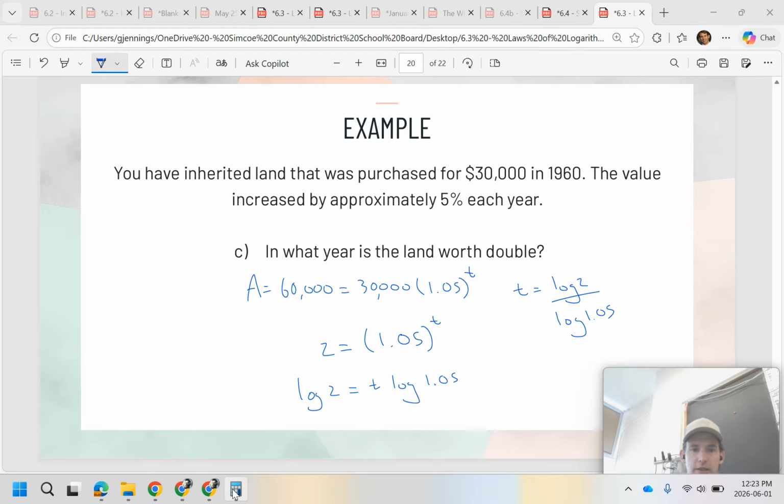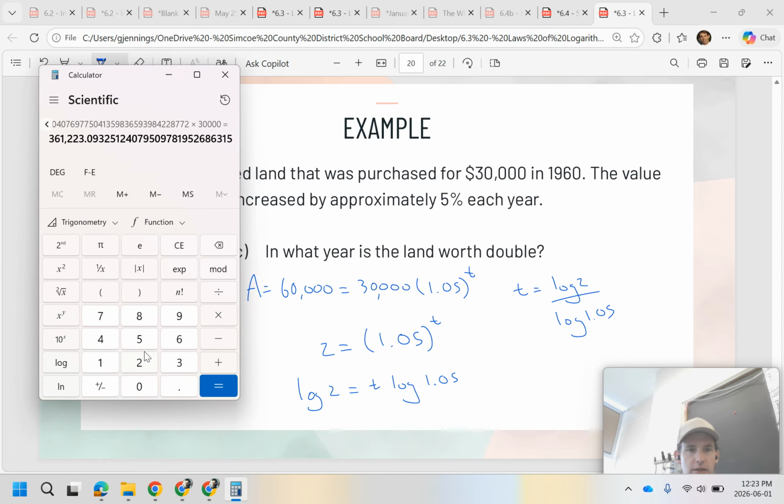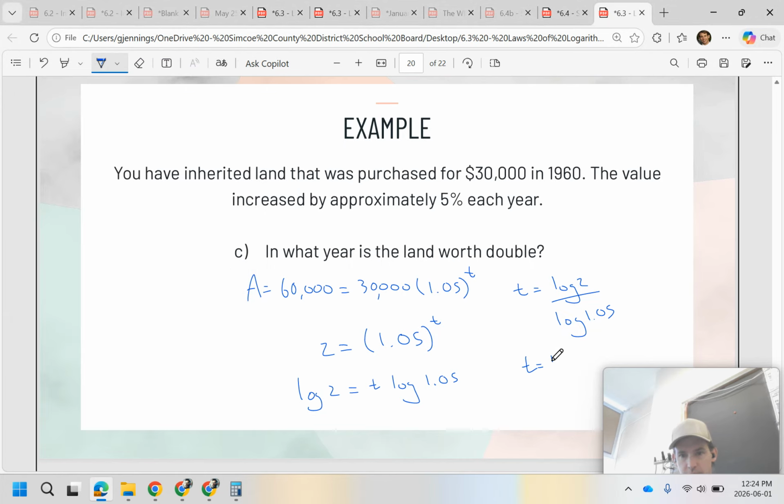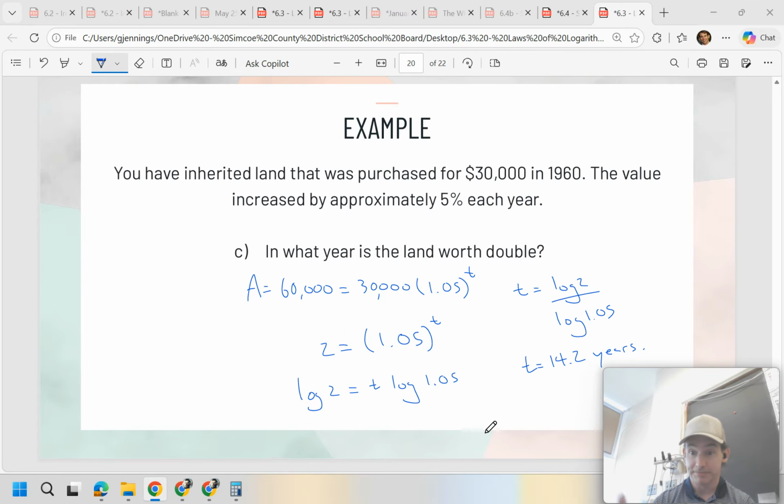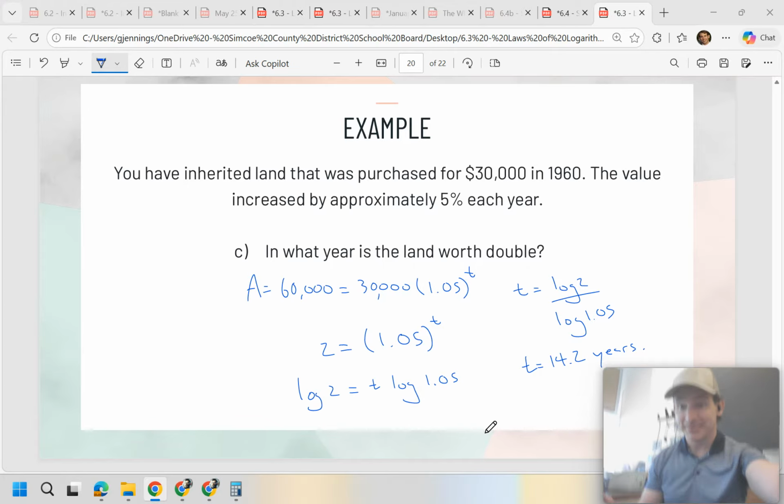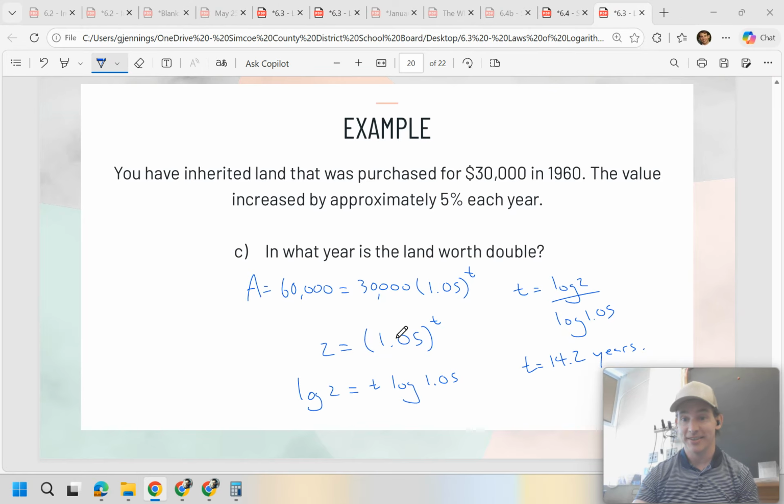All right, let's evaluate. Clear. 2, I take its log, divided by 1.05, I take its log, equals 14.2. So after 14.2 years, this land doubles in value. That's what you needed to know. That's what we all wanted to know.